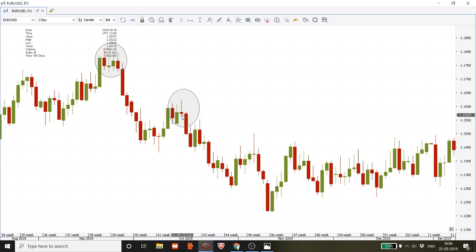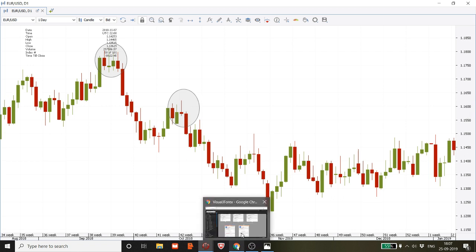You can define as per your wish. Either you can go for 4 times, you can go for 5 times if you want a long tailed candle, or you can go for 2 times also. So I will go for 3 times.